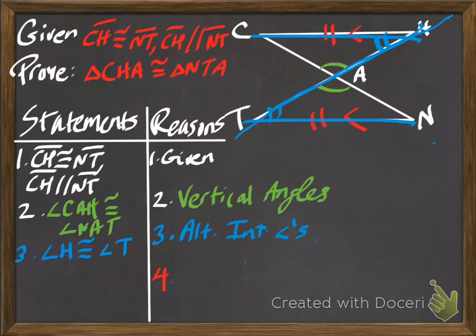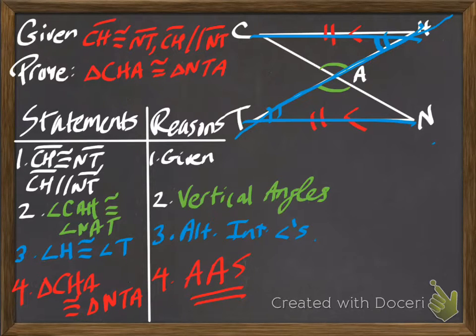So even though we have limited information, this is enough information, so it's a shortcut. That's enough right there, two angles and a side, to conclude that triangle CHA, the top shape, is the same as the bottom shape, which is triangle NTA. Even though we don't know all the side lengths, angle angle side is sufficient. As we saw in the computer lab, it's enough information. So there you go. There's a pretty quick triangle congruence proof.